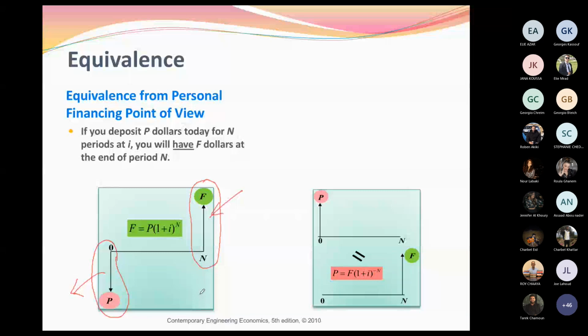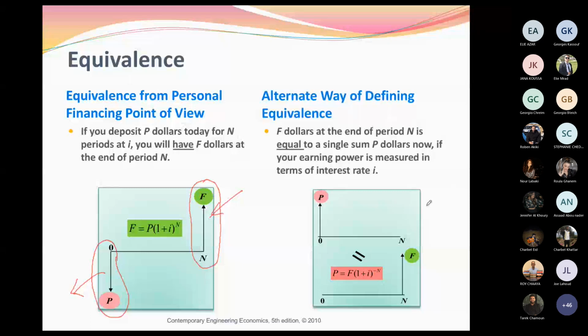I can see it from a different point of view. F dollars at the end of N years is equal to a single sum P dollars now, if your earning power is I%, measured by I. Deal?